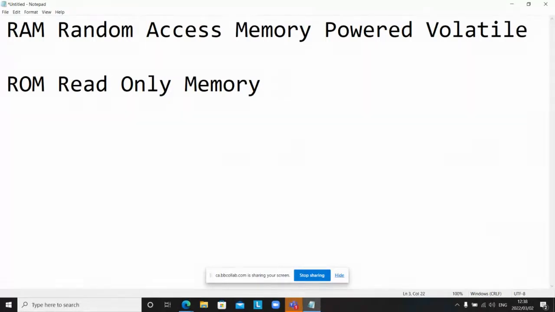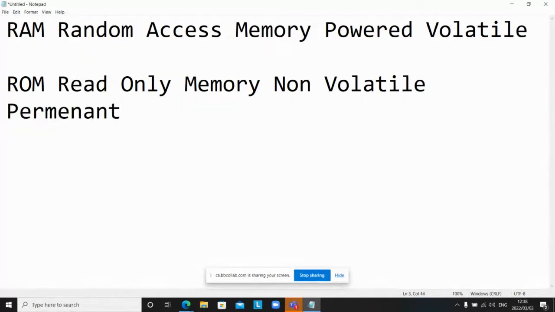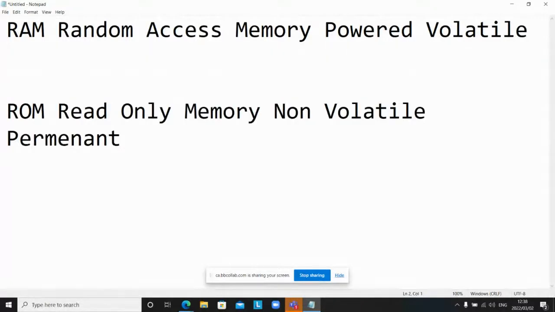It is non-volatile. That means it's permanent. In other words, it is a type of microchip that you program only once, and it's permanent memory. Okay, let's have a look at one or two examples of these, because this is important stuff.